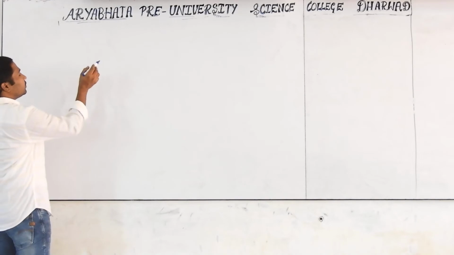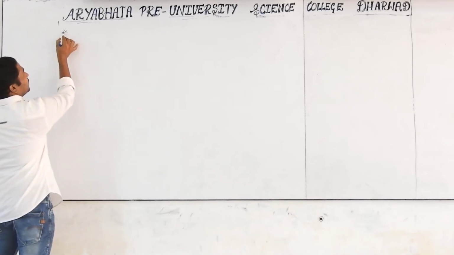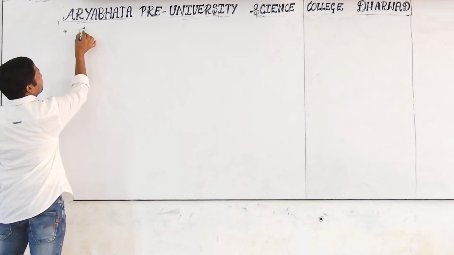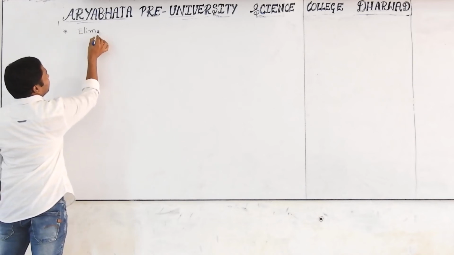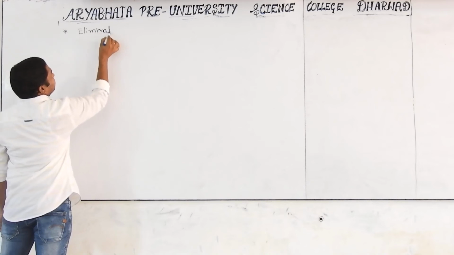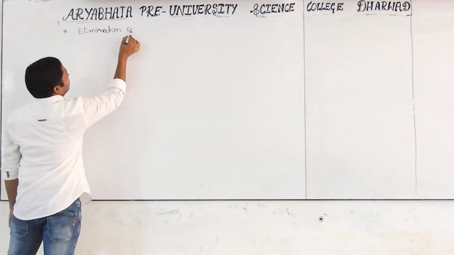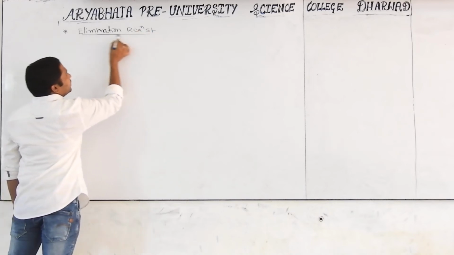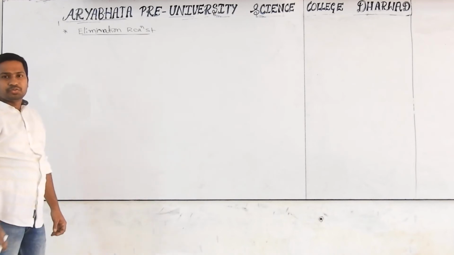Okay. Again, here is one more important piece of information: elimination reactions. From a competitive point of view, this is a very important thing, so you have to understand it very carefully. Elimination is what?